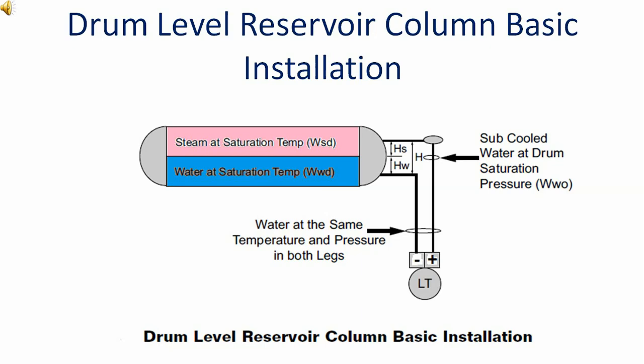Both the legs which are connected with the level transmitter have the same temperature and pressure. HS is the height of the steam column and HW is the height of the water column above the lower tapping point.